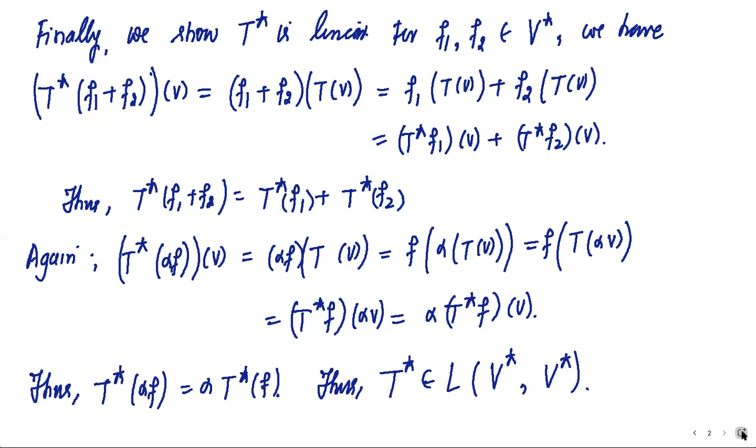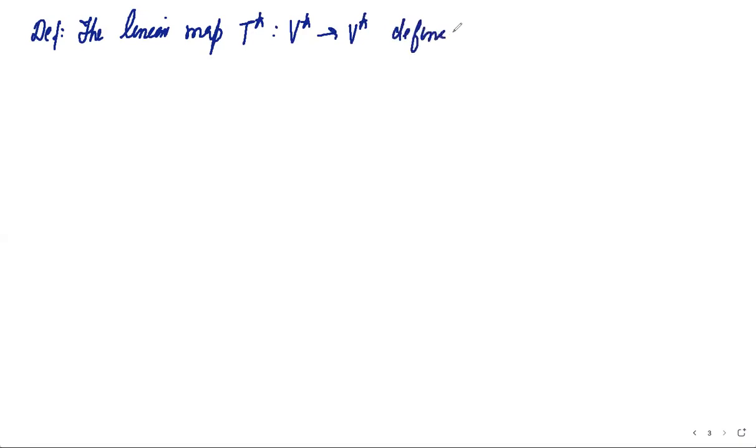Now let's take up a definition. The linear map T star from V star into V star defined by T star of f of x is equal to f of T of x, which we have shown in the previous result is a linear function.